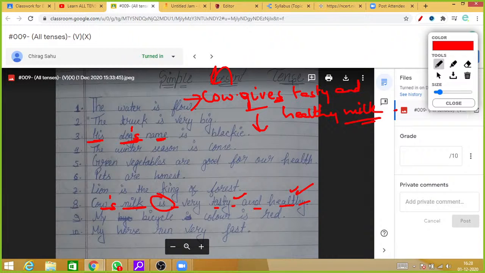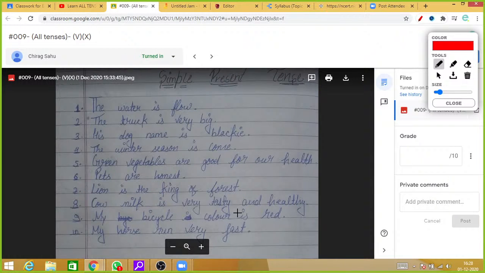You just need to remember them. Have you understood this, Ganesh? So you can actually convert this sentence into one without is if you want to convert it, then you say cow gives very tasty and healthy milk. So the milk will come later.